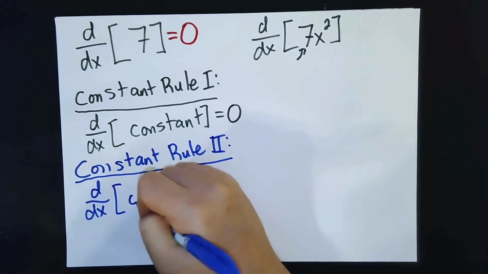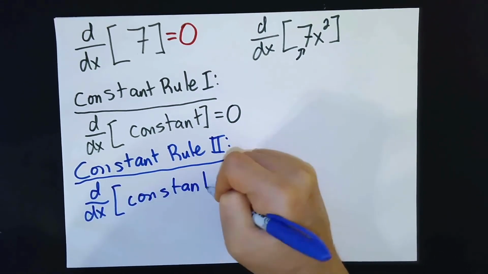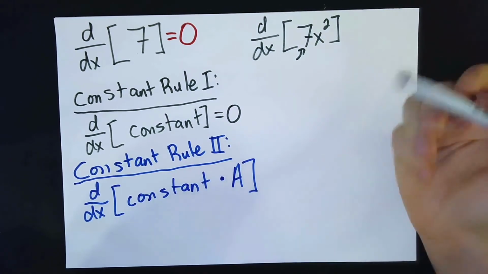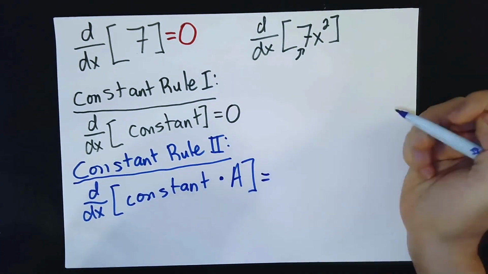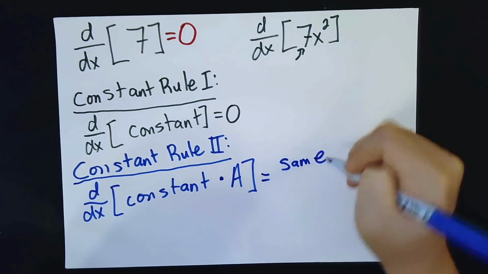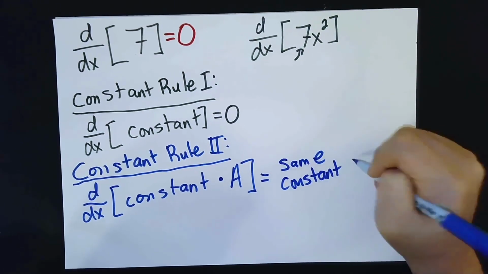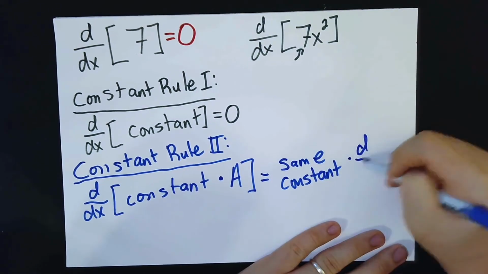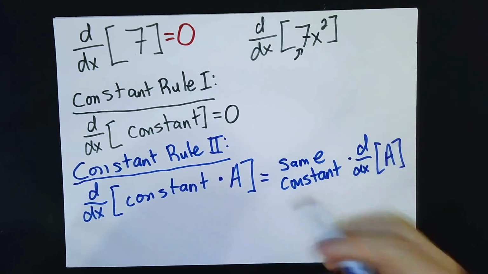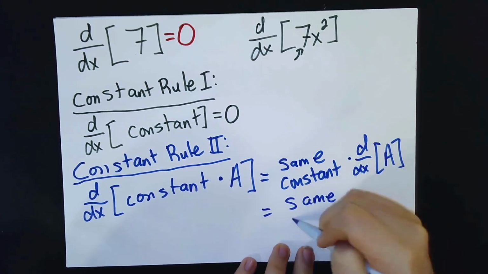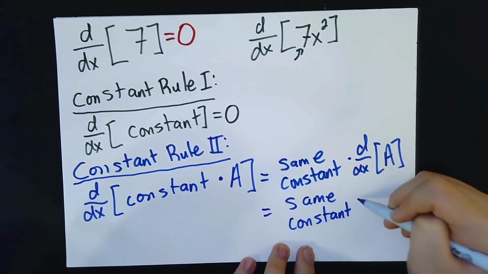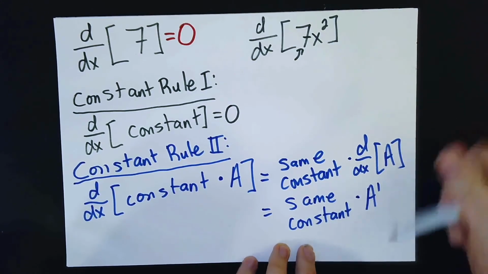So here I'm going to tell you, if I have the derivative of a constant times thing A, what do I get? Well, I get the same constant times the derivative of A, which if you want, you could write as the same constant times A prime, whichever of these you like better.